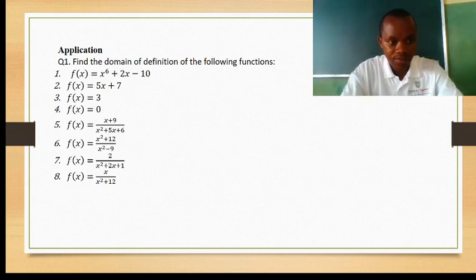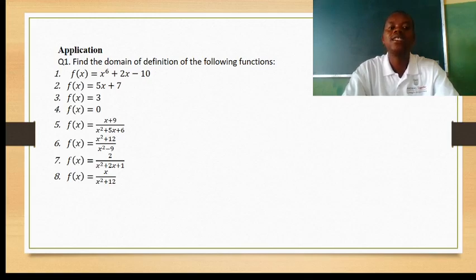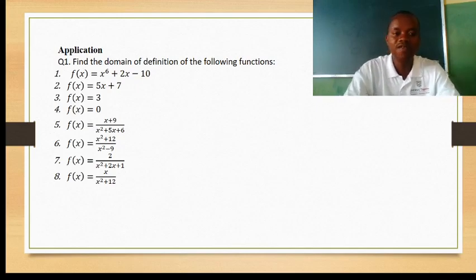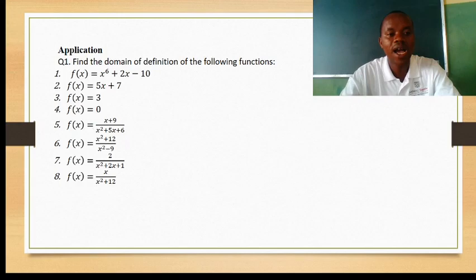For function number 3, f of x is equal to 3. Also this one is a constant function. Every real number will have the image, which is 3, which means that this one has the domain of definition as the set of all real numbers.